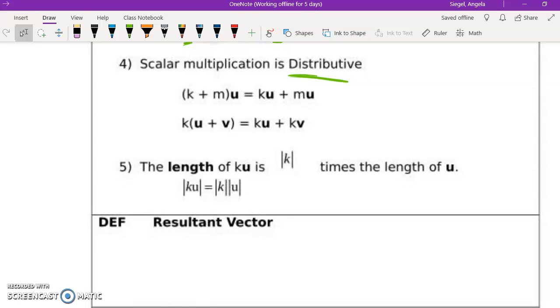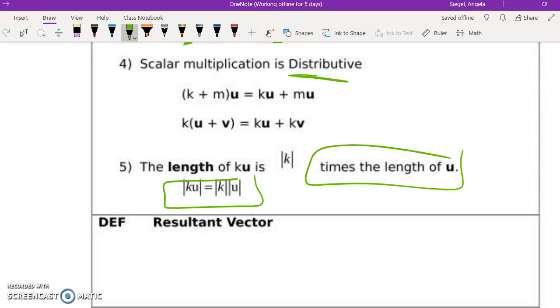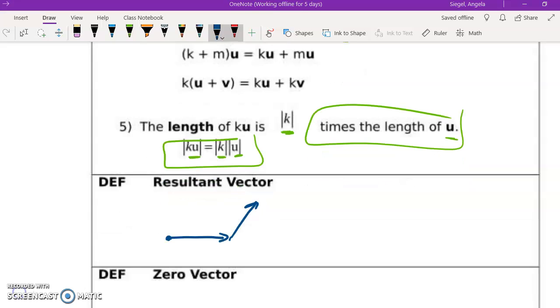If we have the length of kU like this, hopefully all that makes sense. Don't forget that this is magnitude, so the magnitude of kU is the magnitude of k times the magnitude of U. So just get used to that notation, but other than that, it's nothing new.